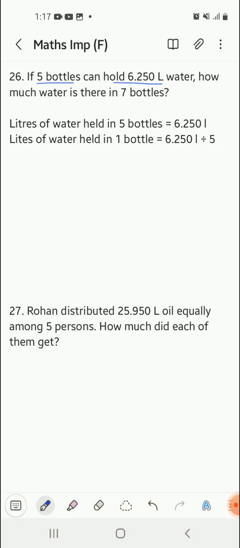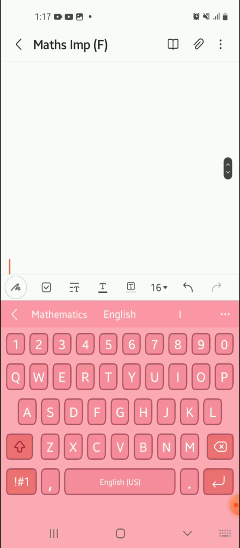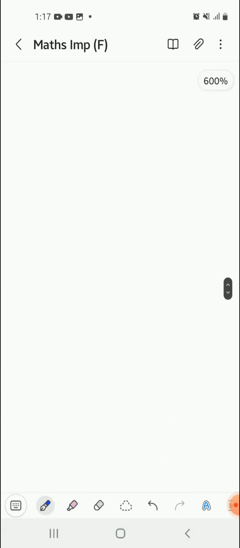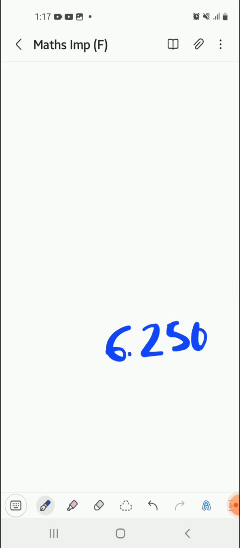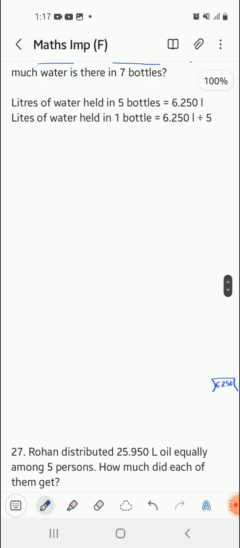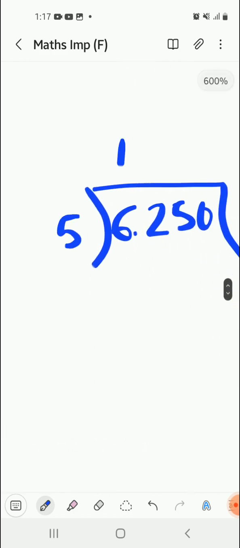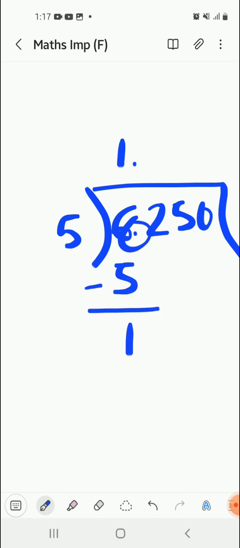Okay, we will work it out. So this is 6.250 divided by 5. So it is 5 into 1, 5. 1, the decimal point shifts here.